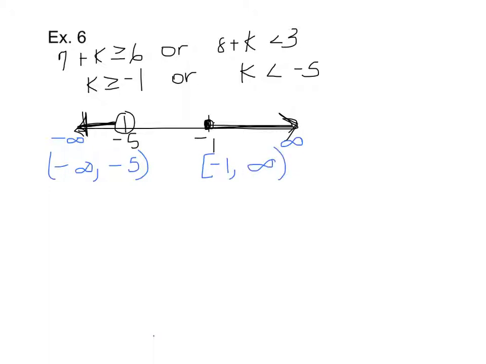And because or, whenever you're doing something or something, you want to unite these two intervals together. So we use this symbol, which means union. Okay? So that's how an or problem looks. We'll try this guided just to make sure you guys understand.